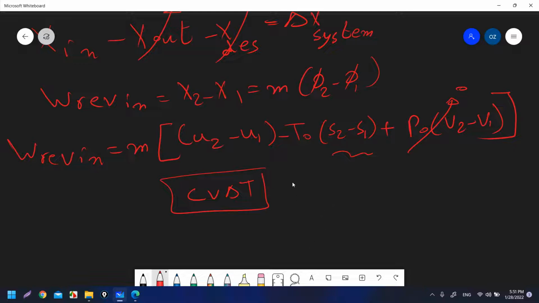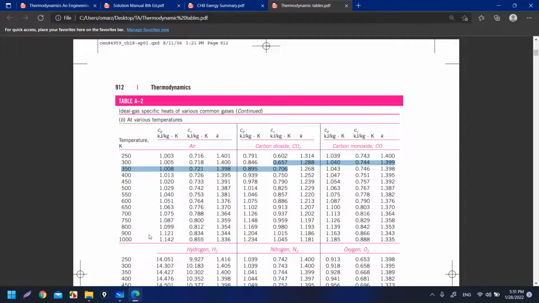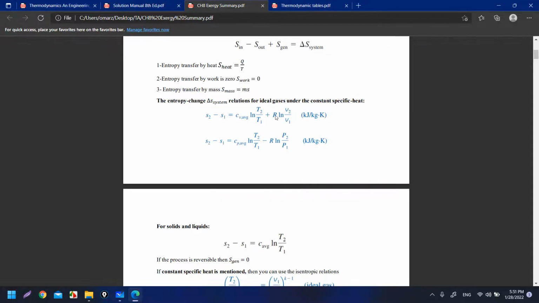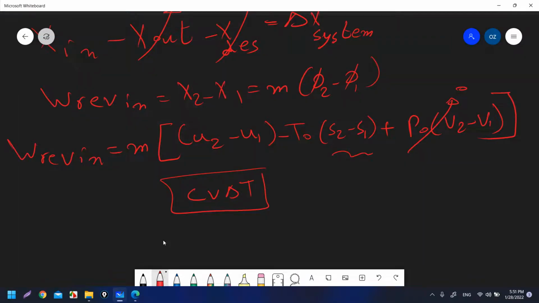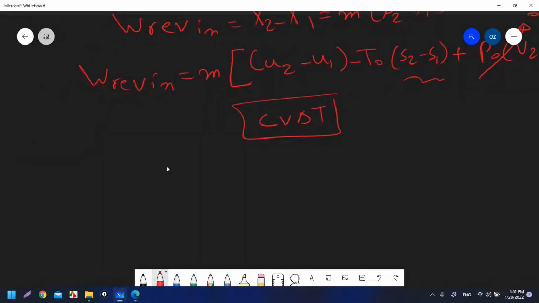S2 minus S1, it is an ideal gas and we assume constant specific heat, so we can use this equation. V2 equals V1, rigid tank, so this term will be equal to 0. So S2 minus S1 will be equal to Cv average ln T2 over T1 only. Let's write this: S2 minus S1 equals Cv average ln T2 over T1 plus R ln V2 over V1.